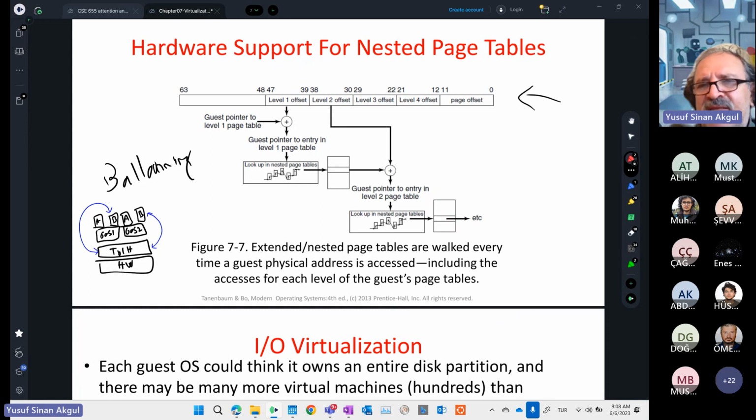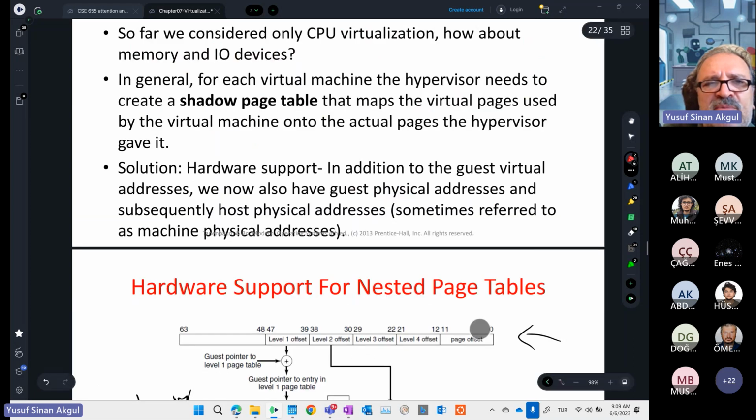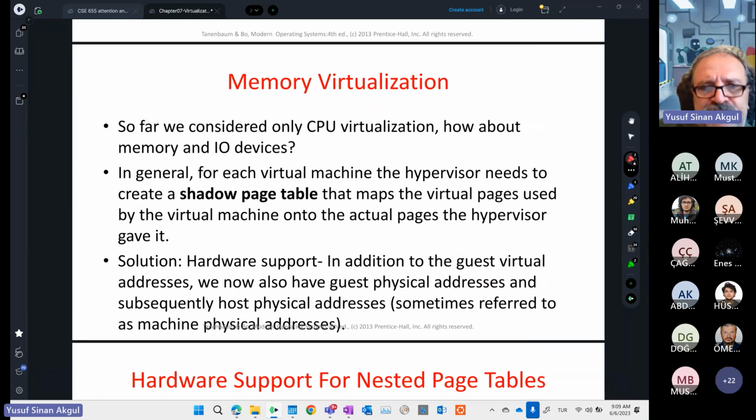Hardware gets much more complicated. So don't think about virtualization support in hardware as simple trapping of the sensitive instructions. You have to support your memory too, otherwise your processes will not run correctly. So that's a very simplified explanation of hardware support for memory virtualization.